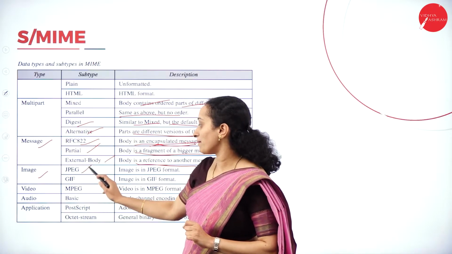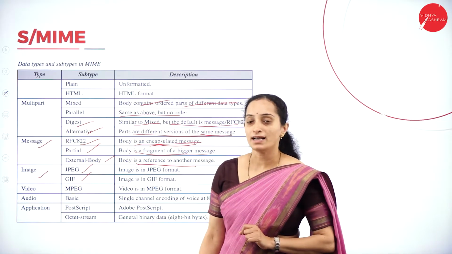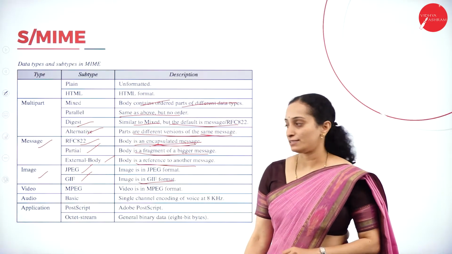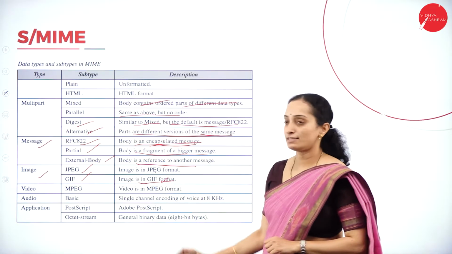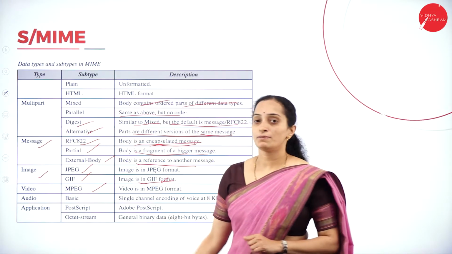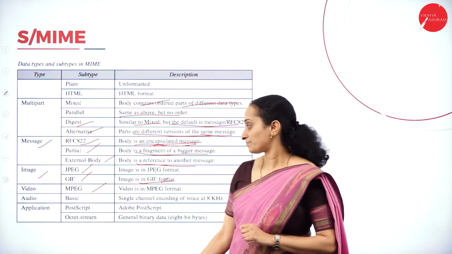Then we have the image types supported by MIME, which are the JPEG and the GIF format. Image will be in JPEG format as well as the GIF format. When it is video, video will be in MPEG format.